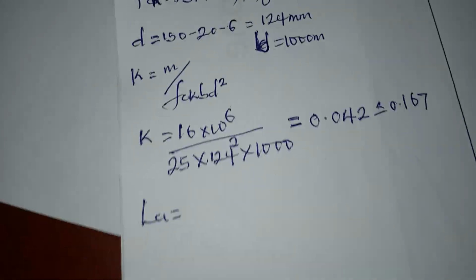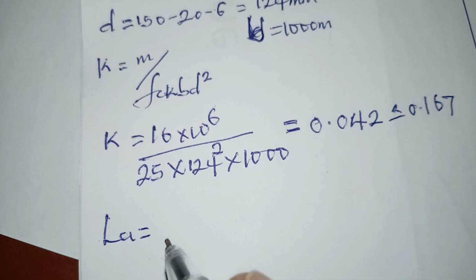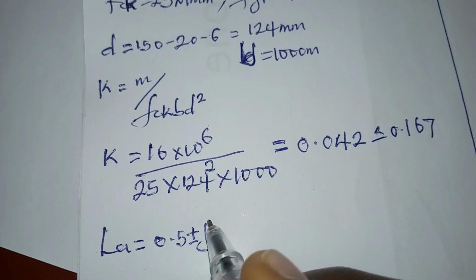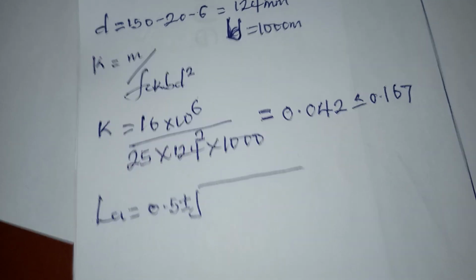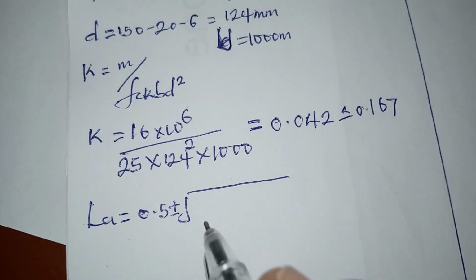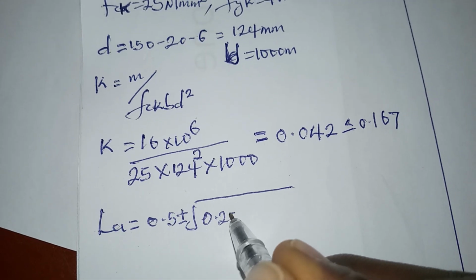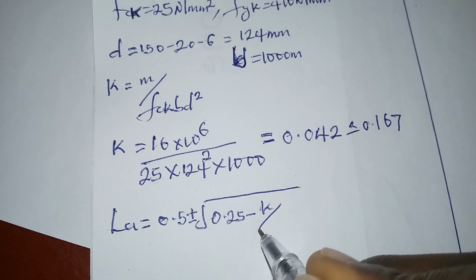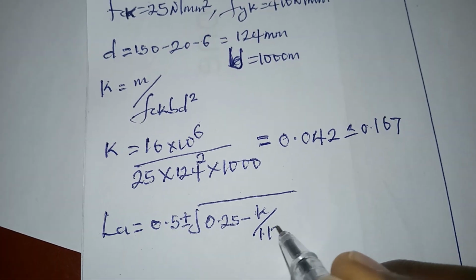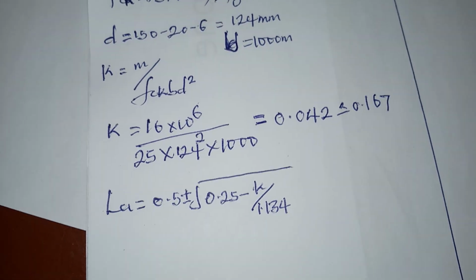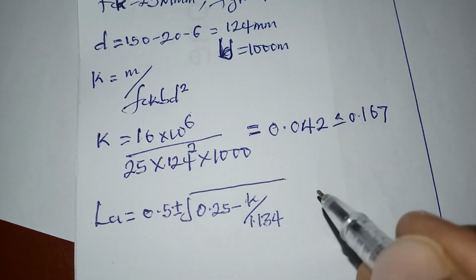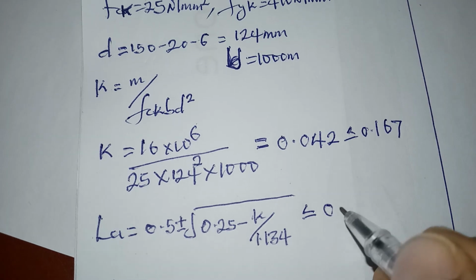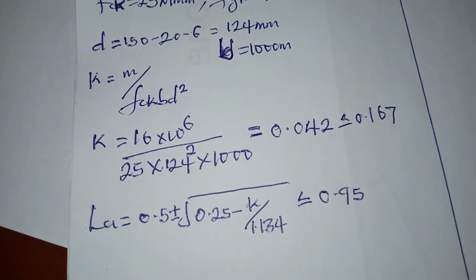So the next step, we are going to be calculating our lever arm LA, which is equal to 0.5 plus or minus the root of 0.25 minus K all over 1.134 according to the new Eurocode, and which must be less than or equal to 0.95.